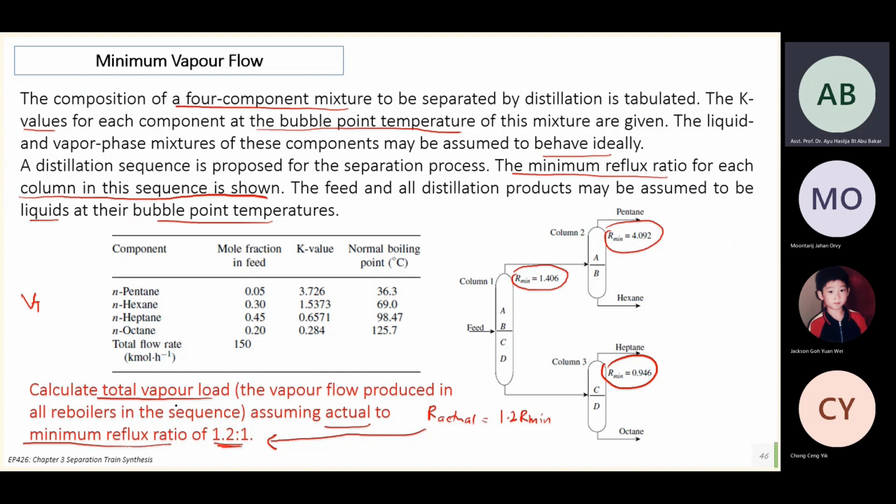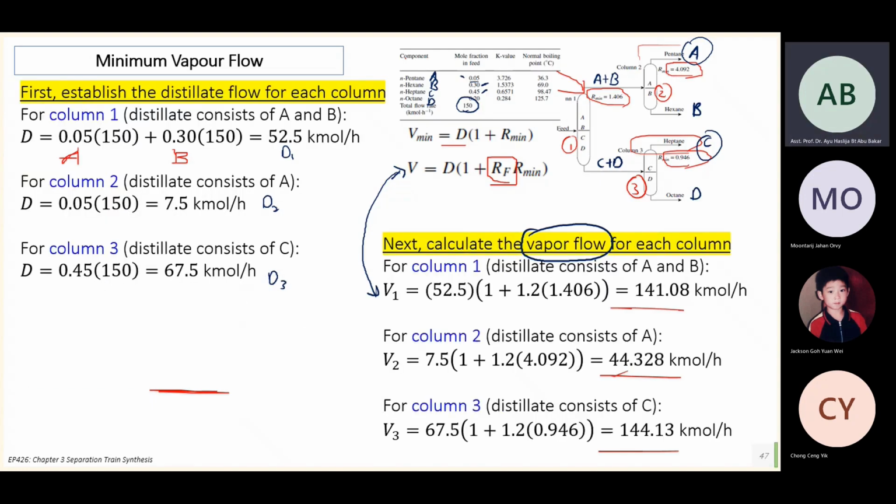It doesn't mention V min, right? So it asks you to calculate the vapor load, total vapor load, not the V min. Okay, understand the question before you start answering.